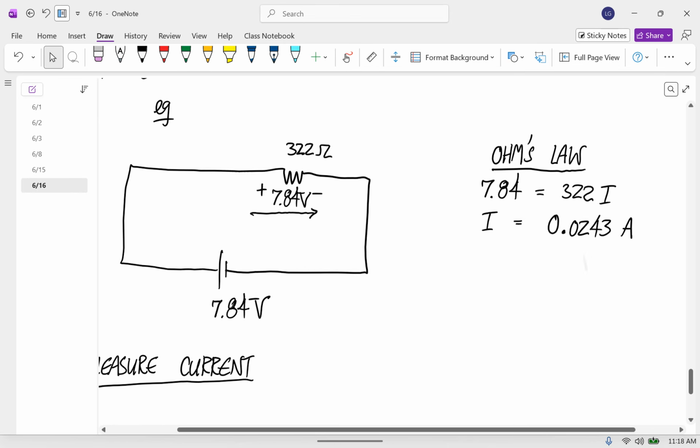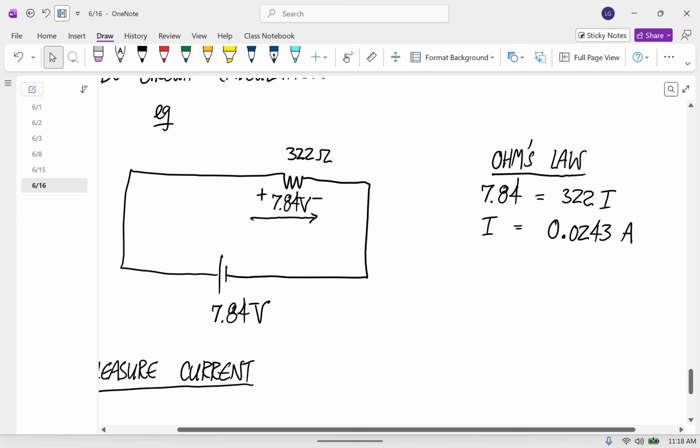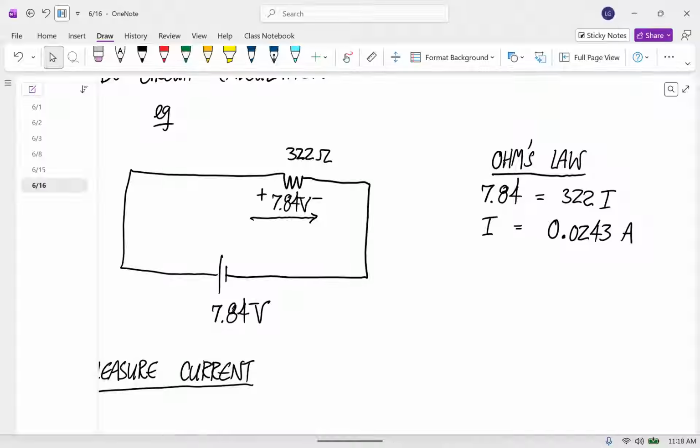We want a value of 0.024, well, that's mine, around 0.02 amps, which is about 20 milliamps. Okay, so look on here and see, do we want this in a milliamp setting or an amp setting? If we want it in a milliamp setting, there's one that goes up to 20 milliamps.